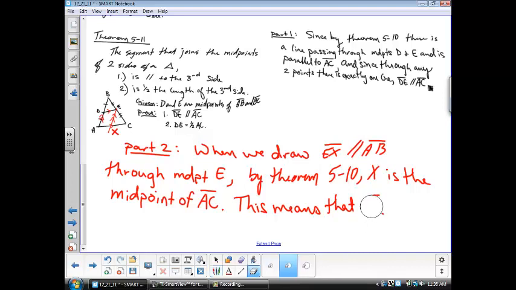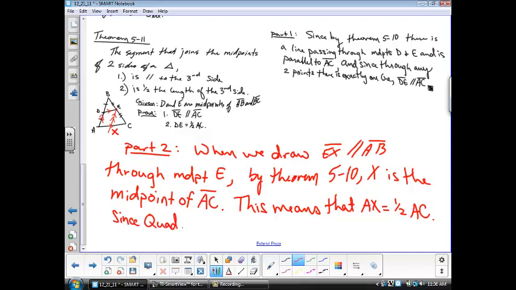And since I'm talking about length, I won't put a segment bar over that. So quadrilateral ADEX is a parallelogram.